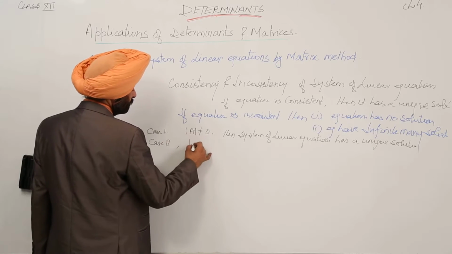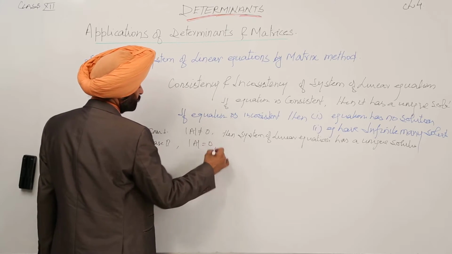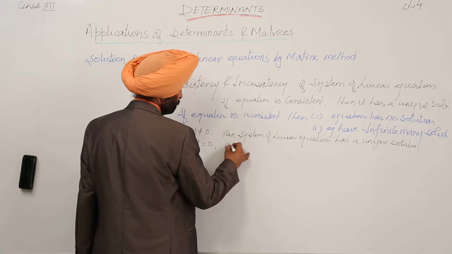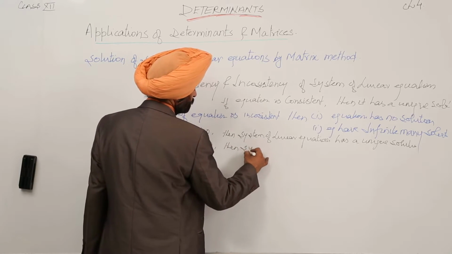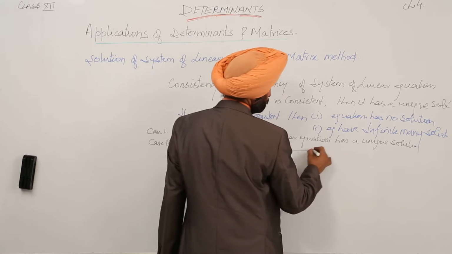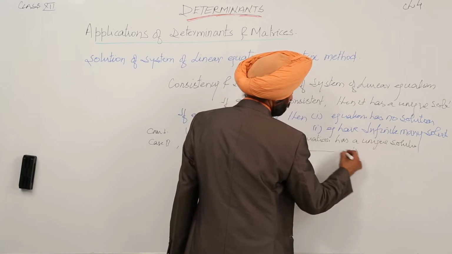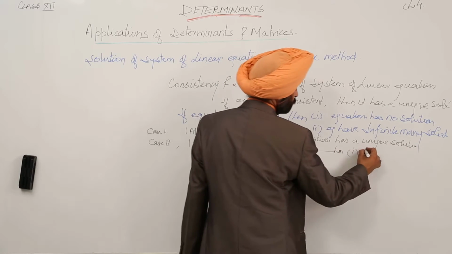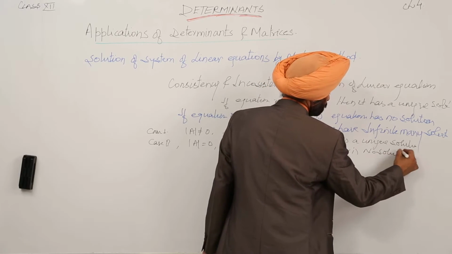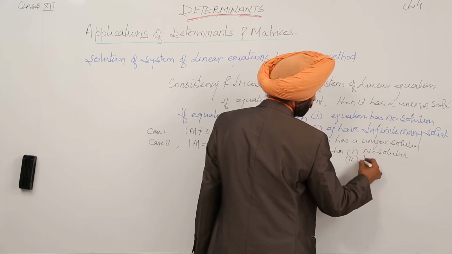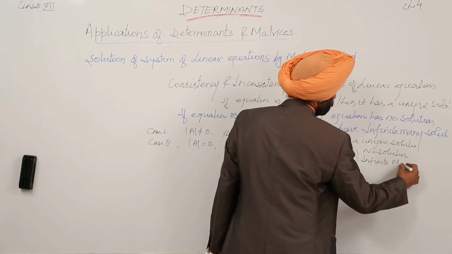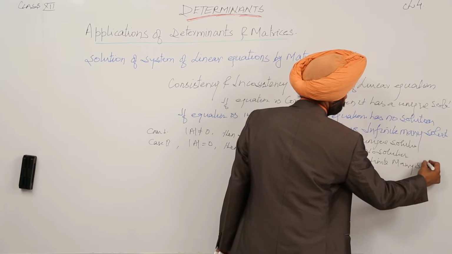Case 2 is if determinant of A is equal to 0, then the system of linear equations has, number 1, no solution, number 2, infinitely many solutions.